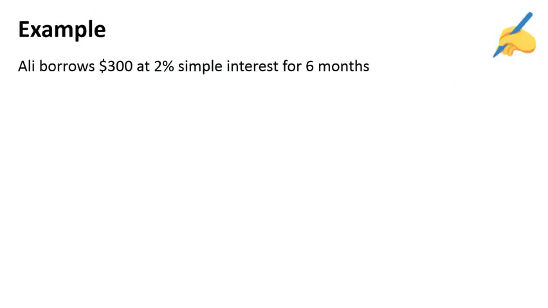So if we were to work out this example, Ali borrows $300 at 2% simple interest for 6 months. So his principal is 300, his rate is 2%, and his time is 6 months. So we need to convert that to years. So we need to do 6 divide by 12, which equals 0.5.